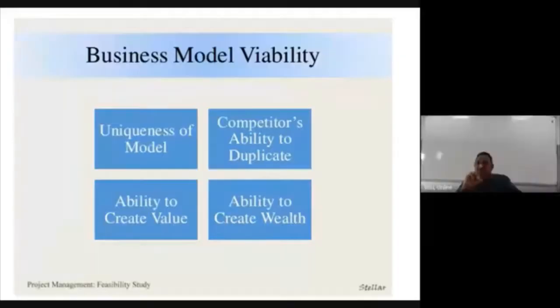Any business, the final objective is to create value for the business. The value creation will increase the wealth of the business. What does wealth mean? For example, at the time of issuing the share, it was 10 rupees.